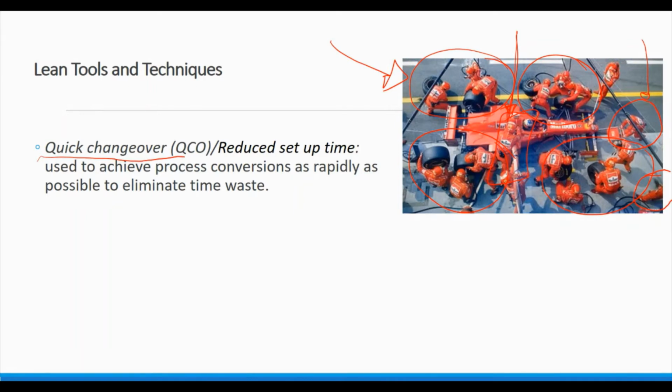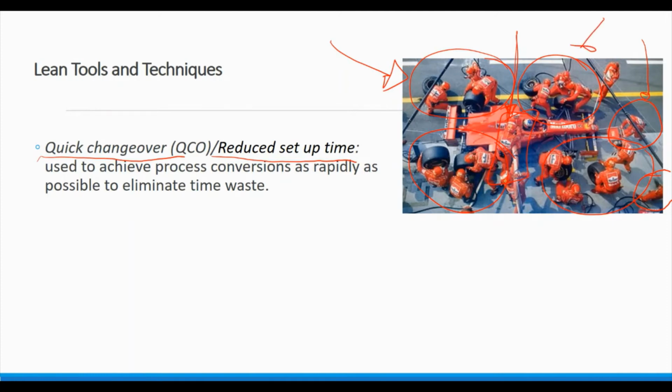So when you have a quick changeover or reduced setup time, you're reducing any kind of waiting time waste. Either the machine is quickly changing over and getting to work right away, or the customer is not waiting for things to change over. And again, you're reducing the amount of time that you're waiting.